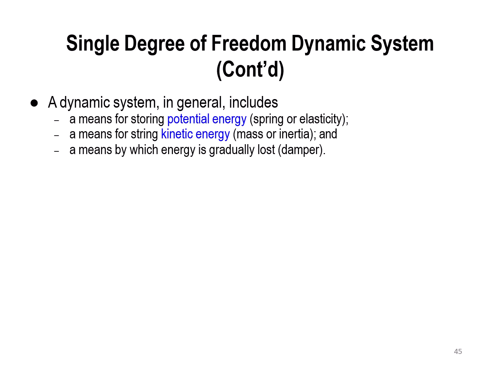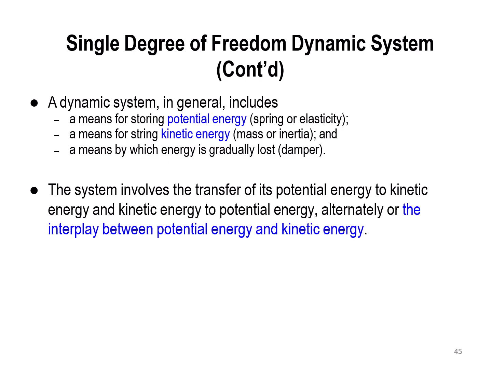So the dynamic system in general includes the means of storing the potential energy, like the spring or elasticity, the means for storing the kinetic energy, like the mass or inertia, and the means by which the energy is going to be gradually lost, like the damper.